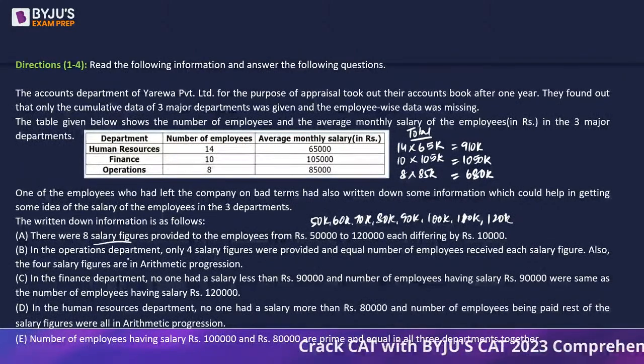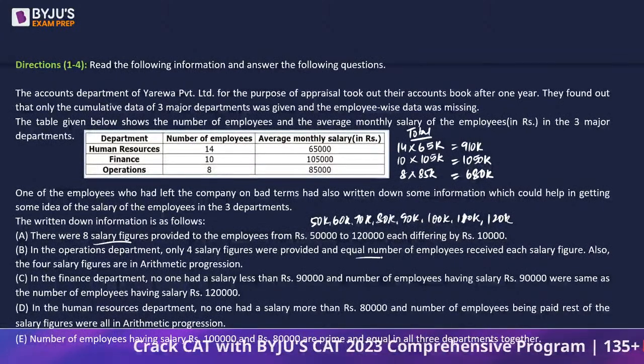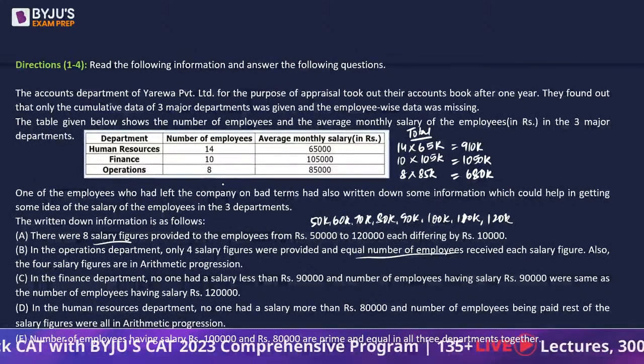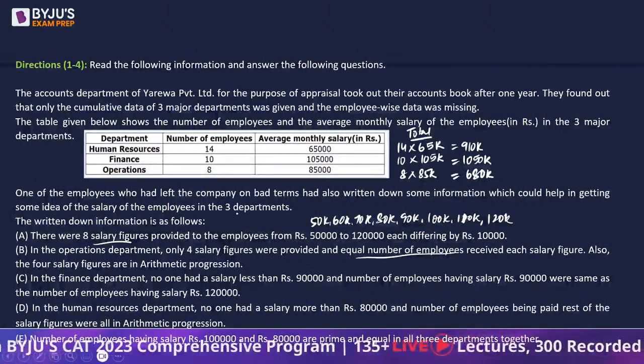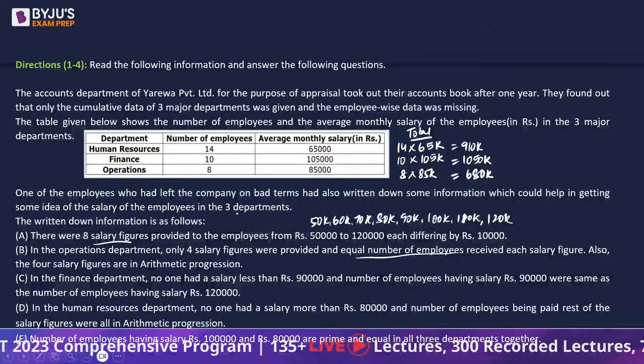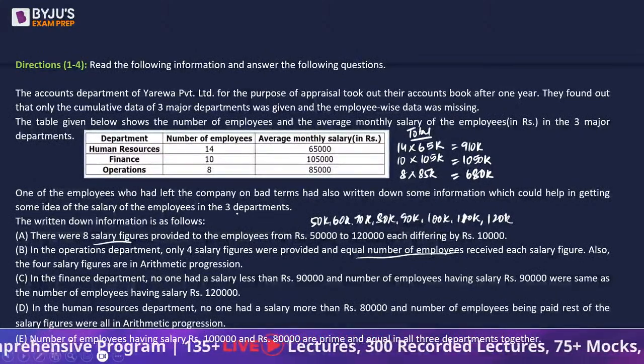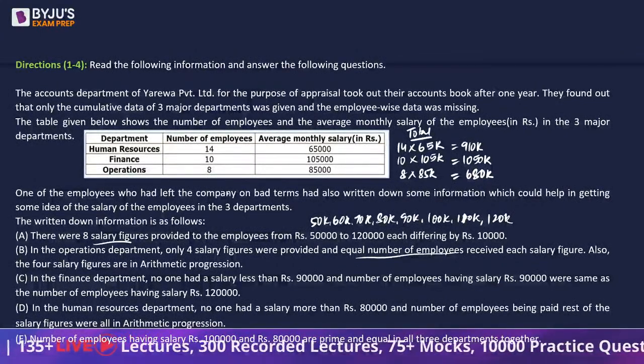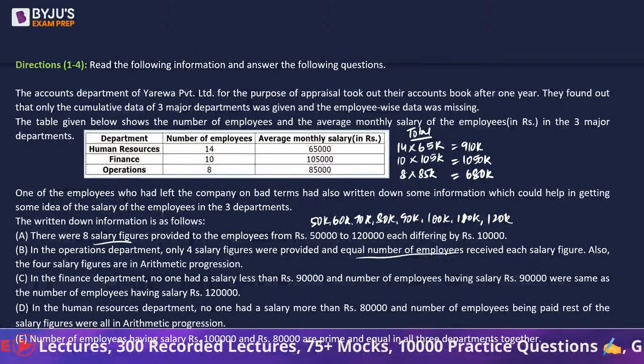Next. In the operations department, only 4 salary figures were provided and an equal number of employees received each salary figure. So if you look at operations, there are 8 employees, 4 salary figures were provided and everyone had the same number, right? And the 4 salary figures are in AP.